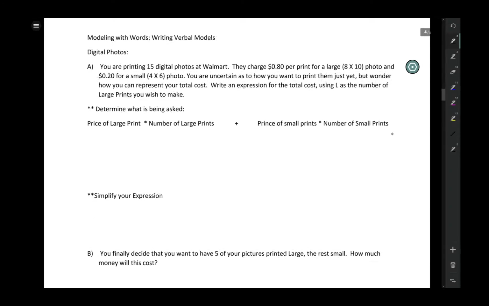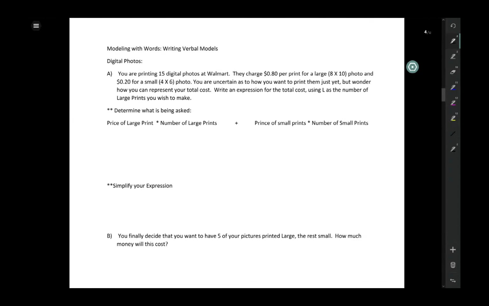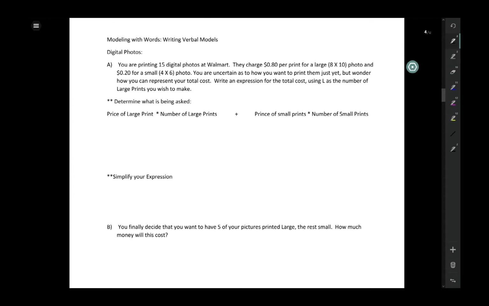Last little bit here. Writing verbal models. So now taking this ahead and beginning to apply it. Say you're printing 15 digital photos at Walmart. They charge 80 cents per print for a large, which is an 8x10, and 20 cents for a small, which is a 4x6.